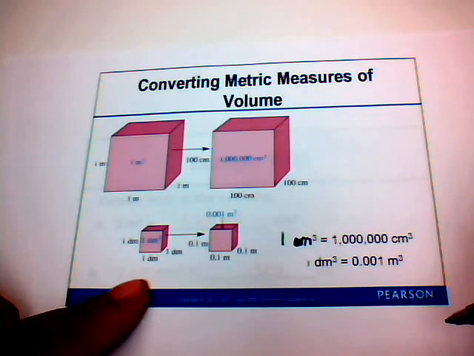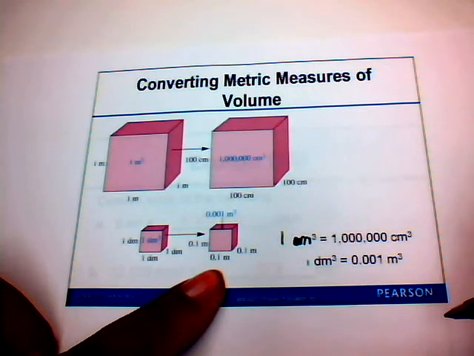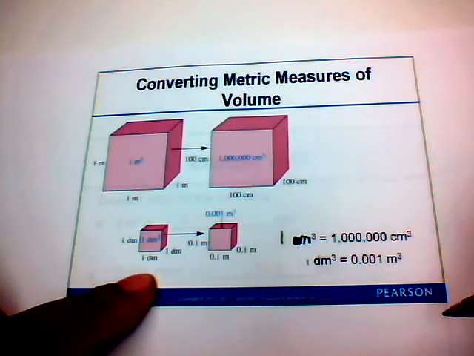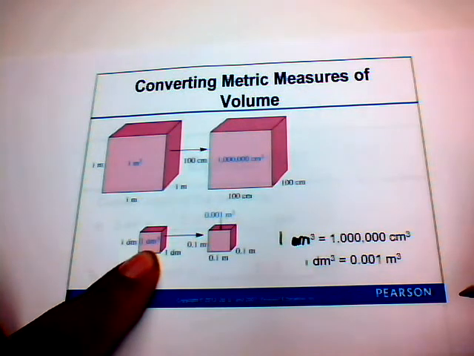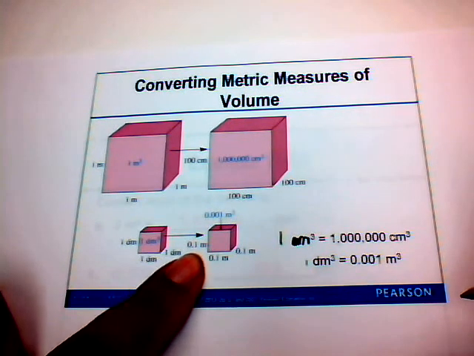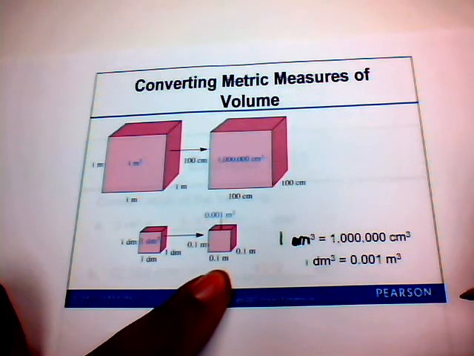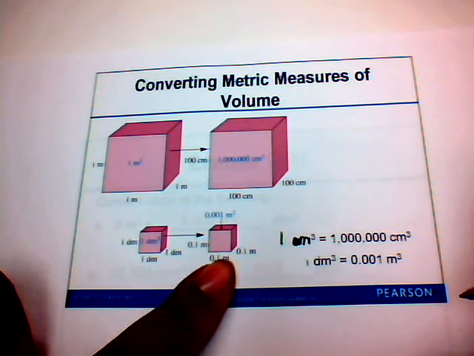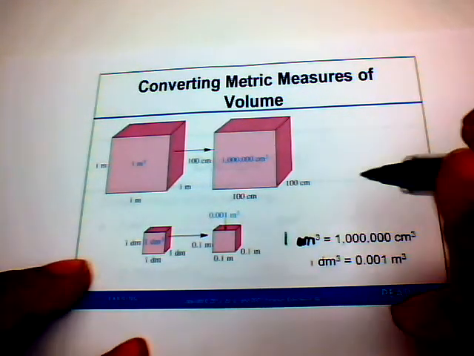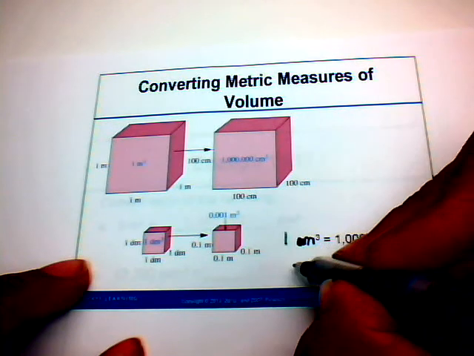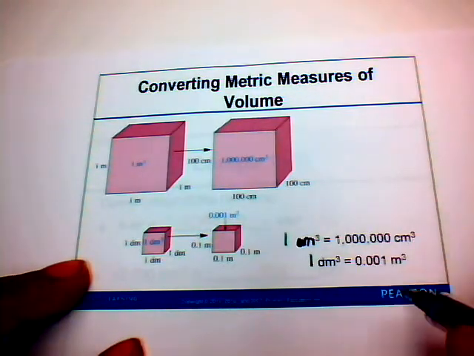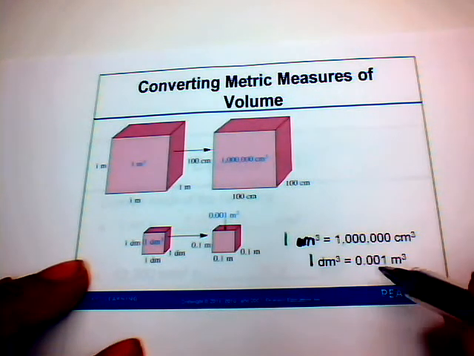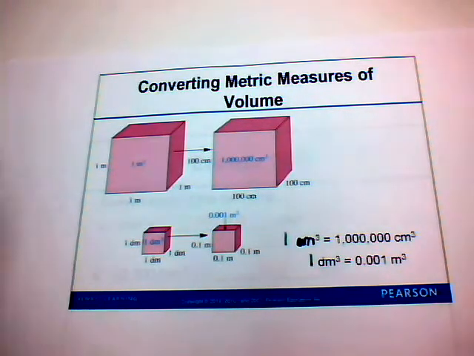And then 1 decimeter is, of course, 1/10 of a meter. So if you have the volume of this cube being 1 cubic decimeter, then the volume of this cube in meters for the length, width, and the height will be 1/1000. So here we can have 1 cubic decimeter is equal to 1/1000 of a cubic meter.